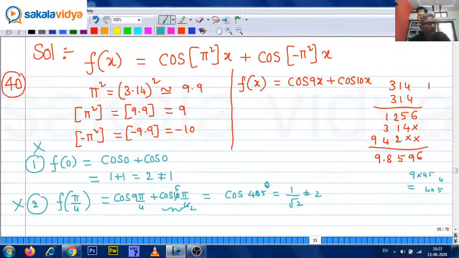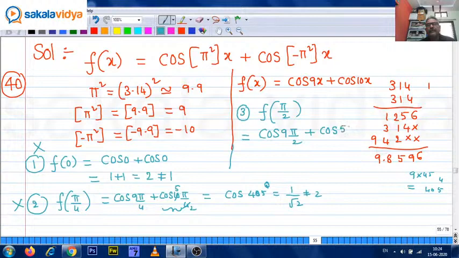Understood now? Go to the third one. The third one is f of pi by 2. f of pi by 2 means you get cos 9 pi by 2. Odd multiple of pi by 2 is 0. Here cos 10 into pi by 2 is cos 5 pi.